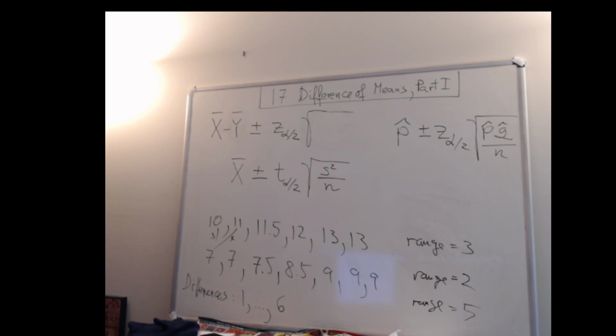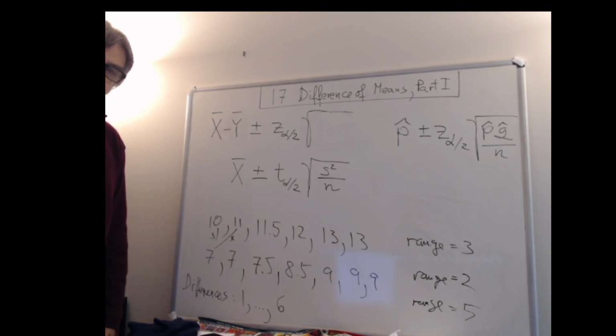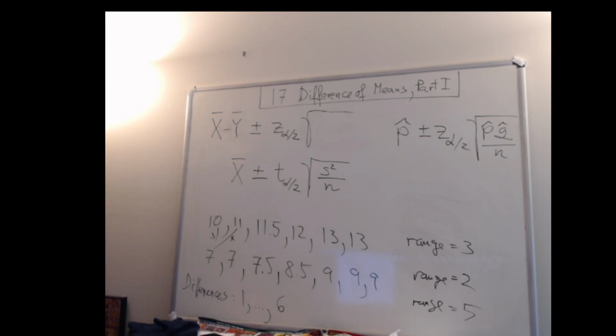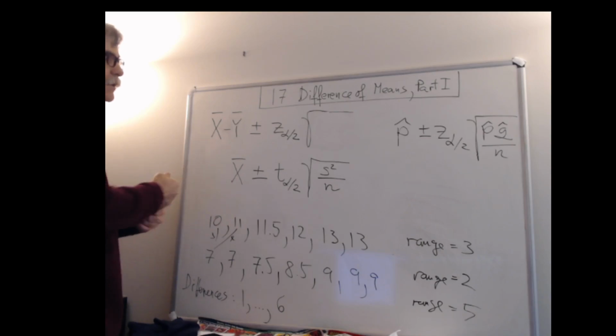So the variation of the differences will be the sum of their individual variations. So variation of this and variation of this. So now I have it.